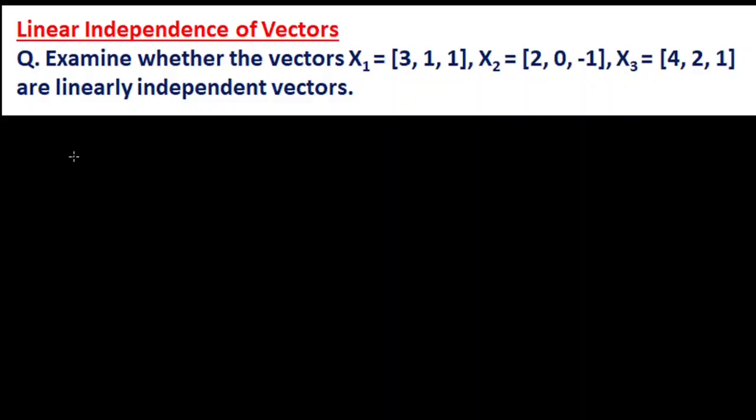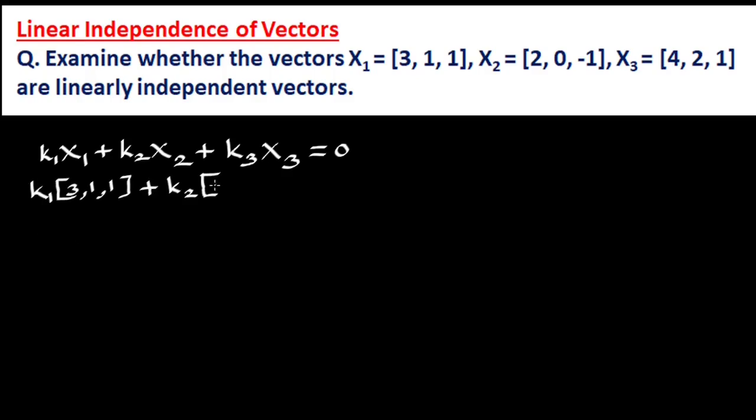To examine linear independency of vectors, we will consider as usual the equation k1x1 plus k2x2 plus k3x3 equals 0, where k1, k2, k3 are constants. k1 vector x1 plus k2 vector x2 plus k3 vector x3 equals 0 vector.